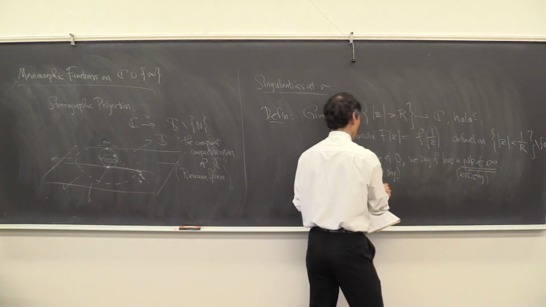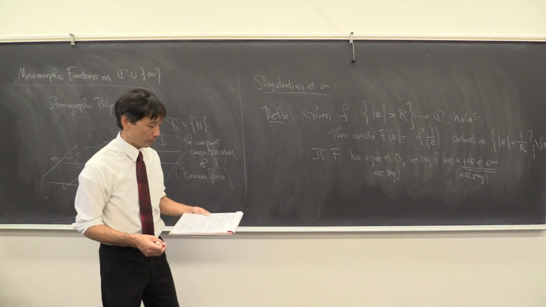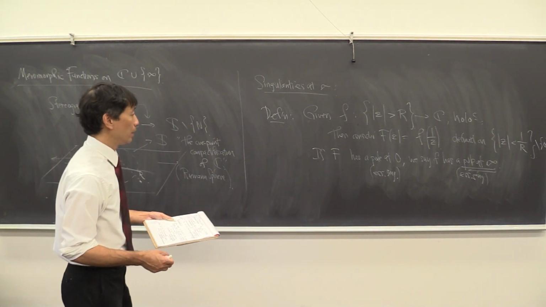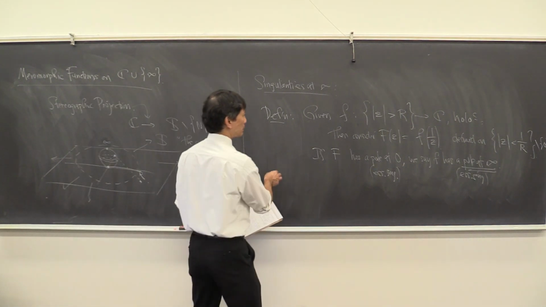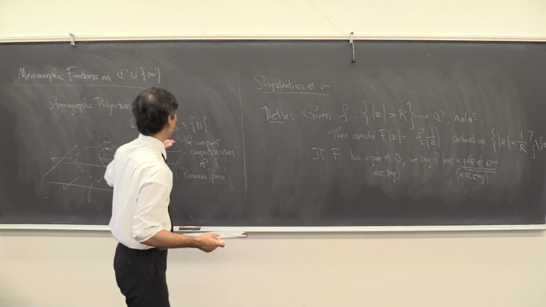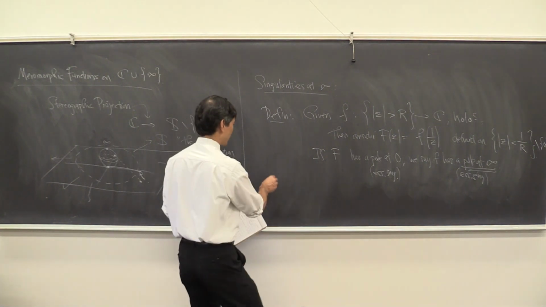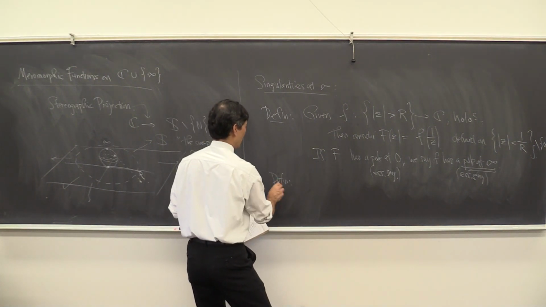If it has a removable singularity at 0, then we say it's a removable singularity at infinity. So basically we just invert the variable.